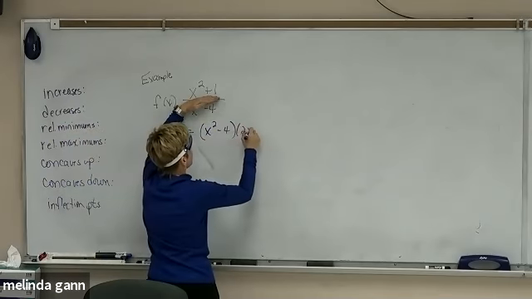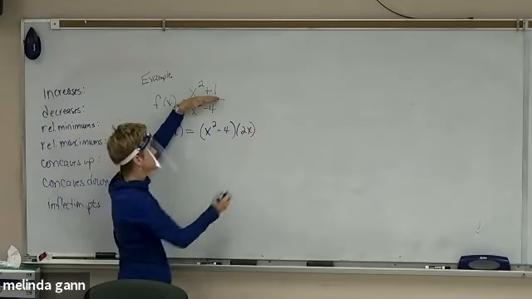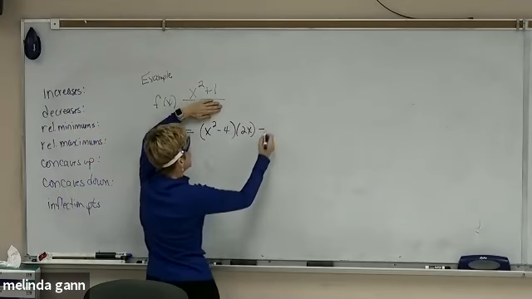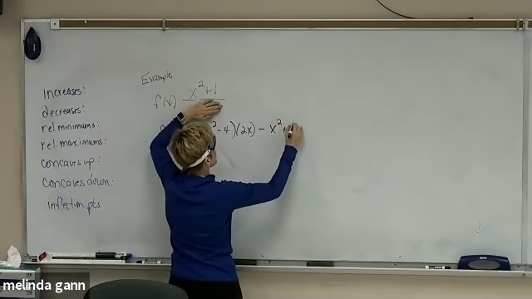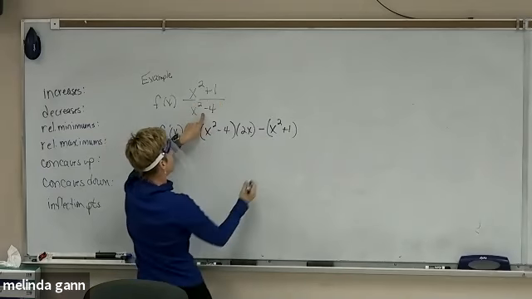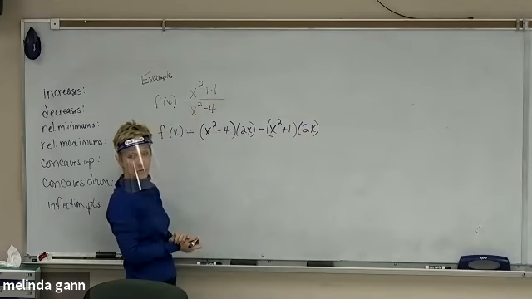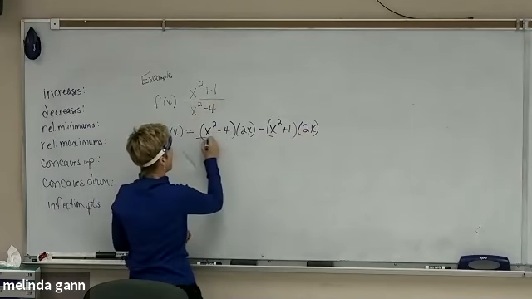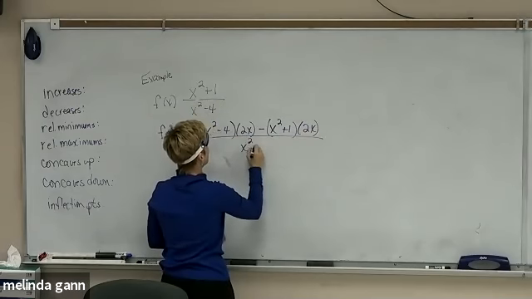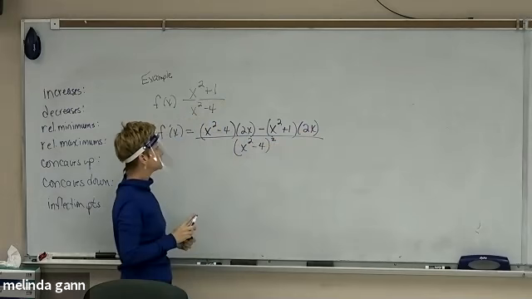Is it plus or minus on quotient? Minus. Then I copy down the top, so I've got x squared plus 1. And I do the derivative of that denominator. What's that going to be? Isn't that also 2x? And then the whole thing is over the bottom what? Square.